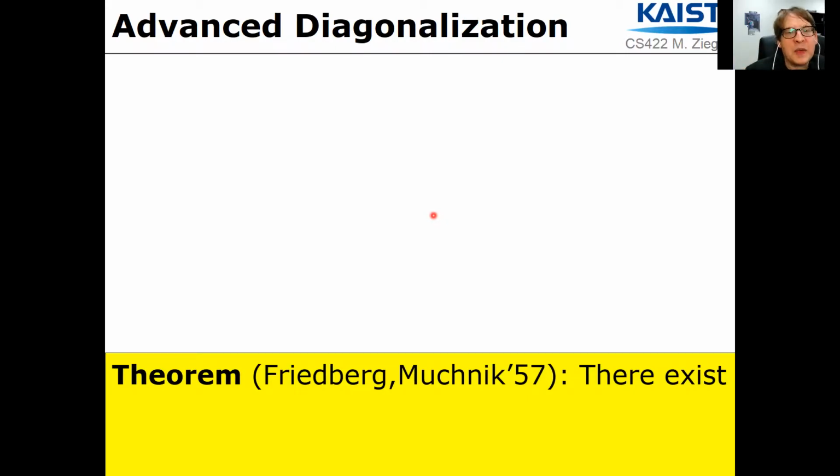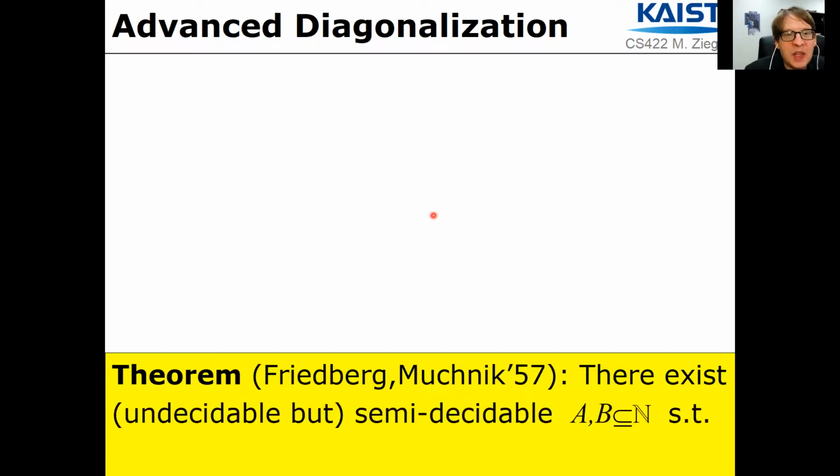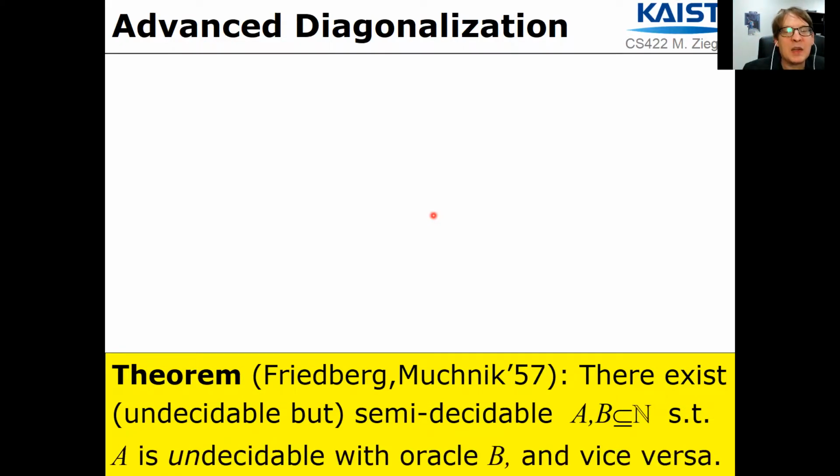But first, let me make a formal statement of what Friedberg and Muchnik proved. They proved that there exist undecidable but semi-decidable problems, meaning they're strictly below the halting problem, called A and B, subsets of natural numbers, such that A remains undecidable even if given B as oracle, although B is itself undecidable, and vice versa.